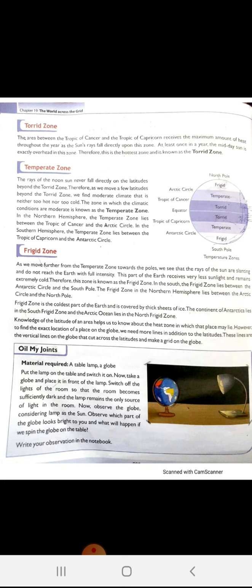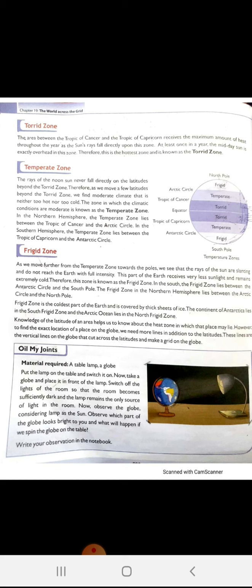Now we are going to see what the torrid zone is. It is the area between the Tropic of Cancer and the Tropic of Capricorn. The Tropic of Cancer is in the northern hemisphere and the Tropic of Capricorn is in the southern hemisphere. The part shown in dark blue on the diagram receives the maximum amount of heat throughout the year.